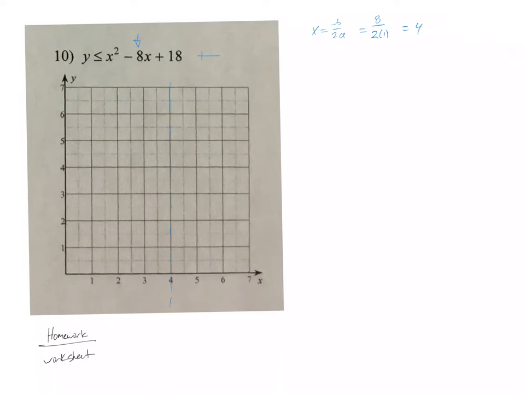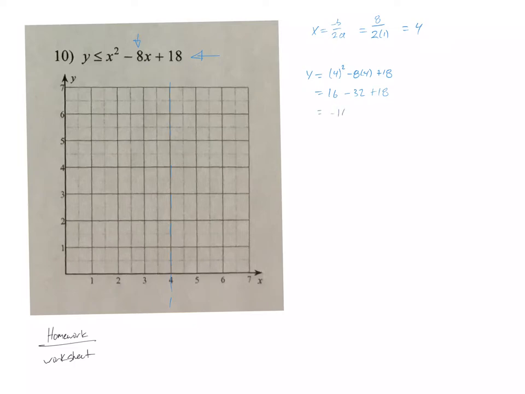Now I'm going to use that equation and find some other points. I'm going to particularly find the vertex. So I'm going to find out what y is equal to whenever I plug in 4 for x. 4 squared minus 8 times 4 plus 18. 16 minus 32 plus 18.